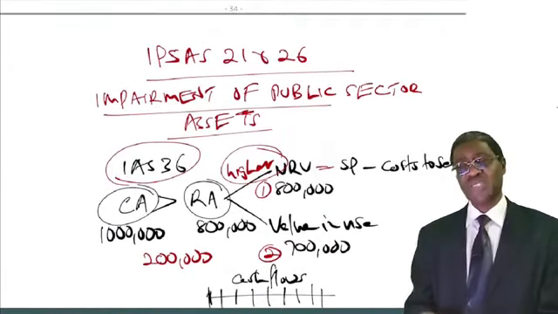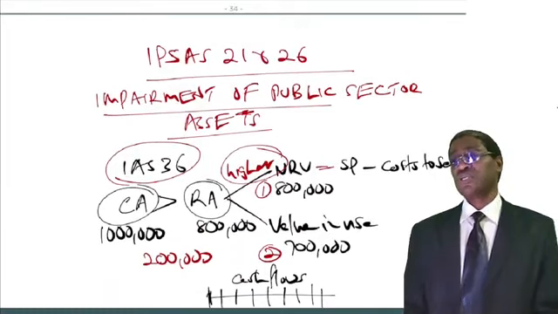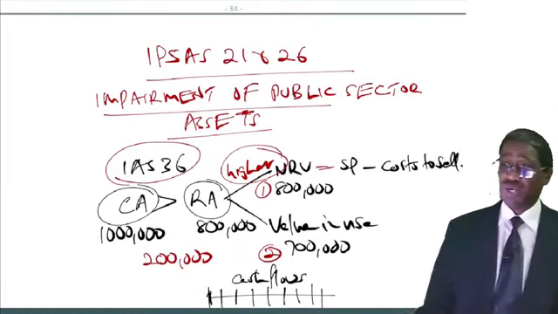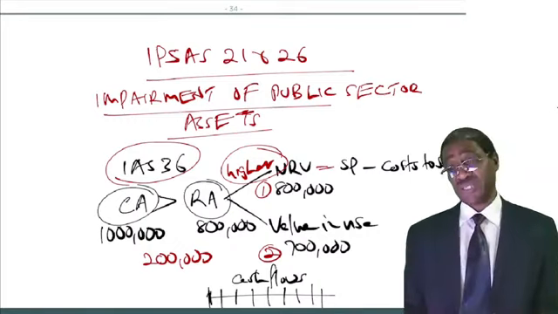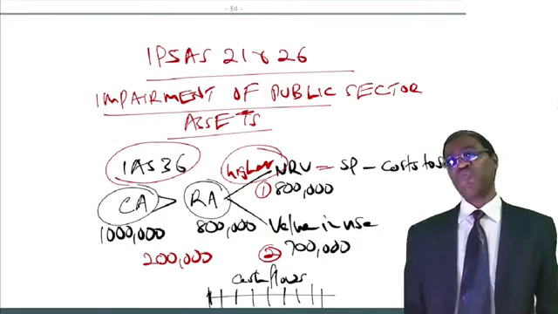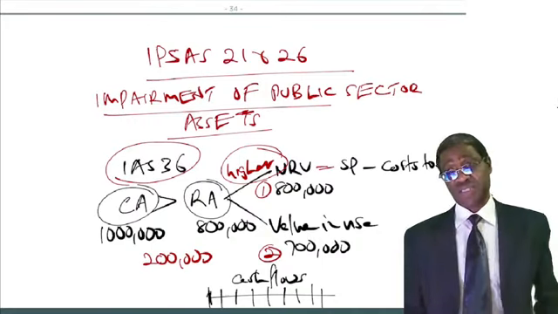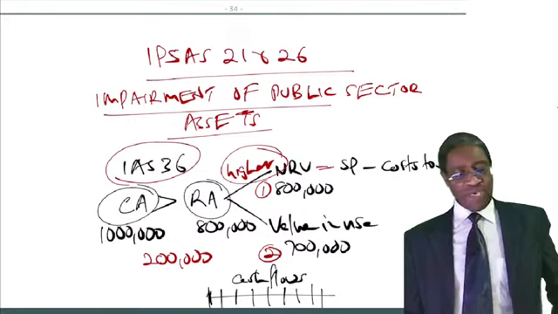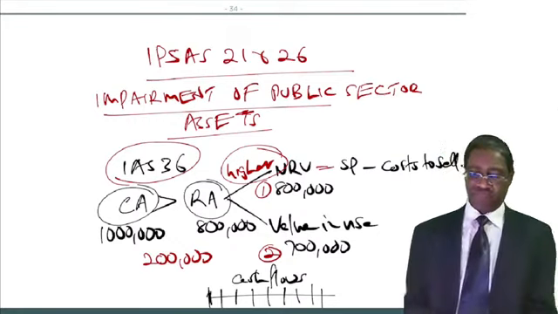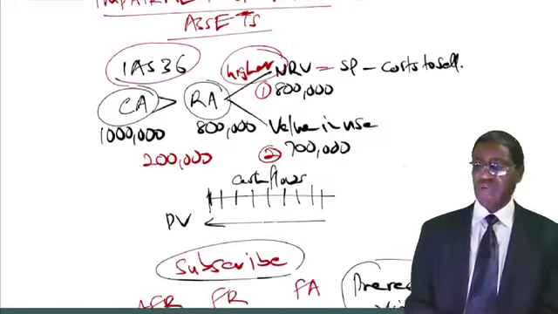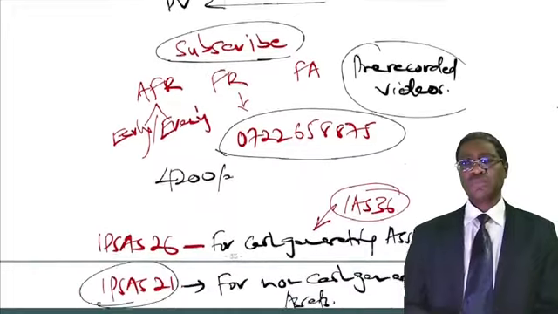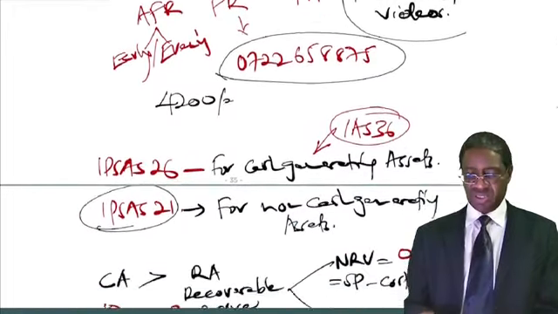So the topic is impairment. You can even start with IPSAS number 21 and 26. Then the topic is impairment of public sector assets.